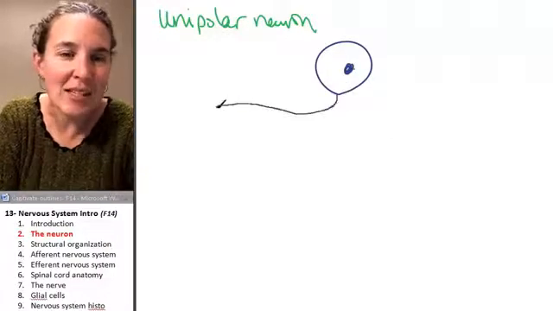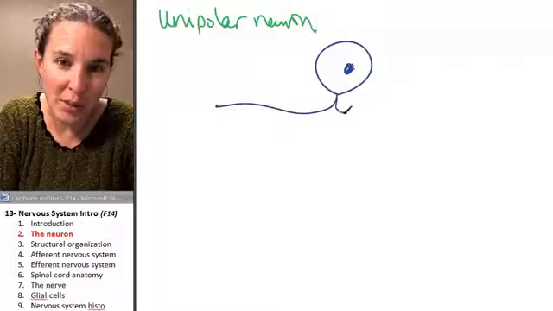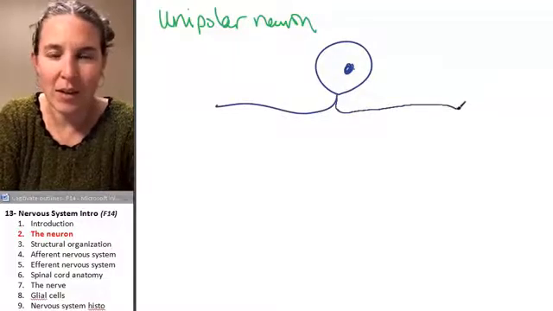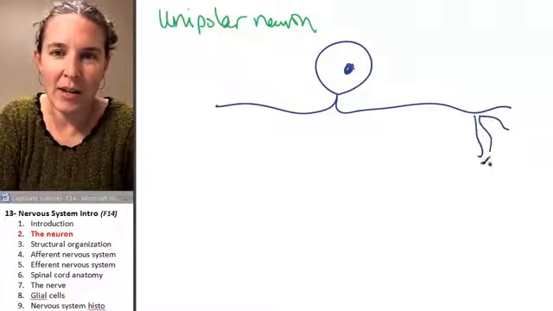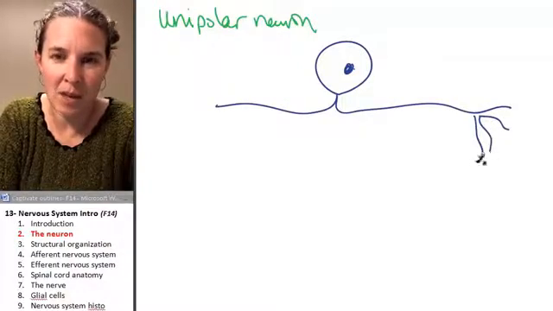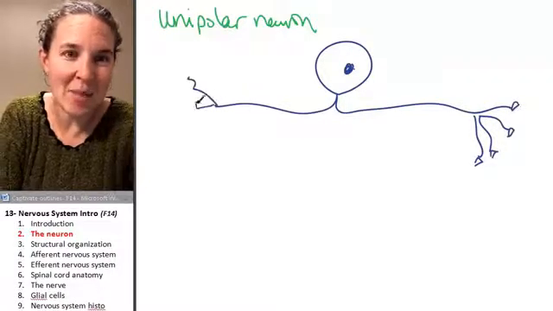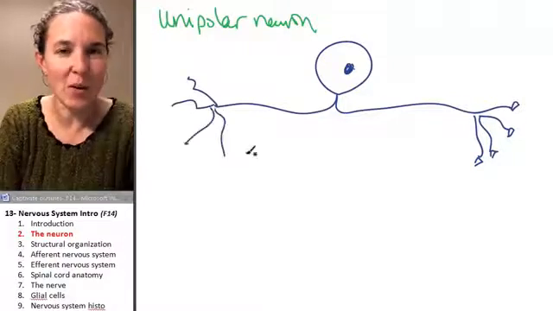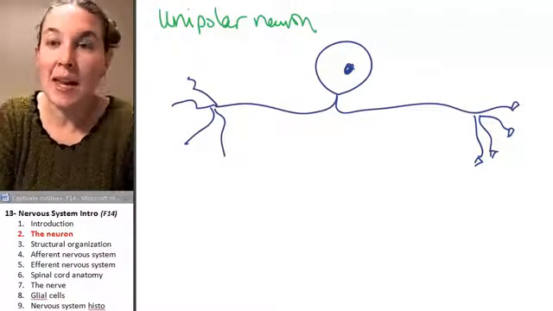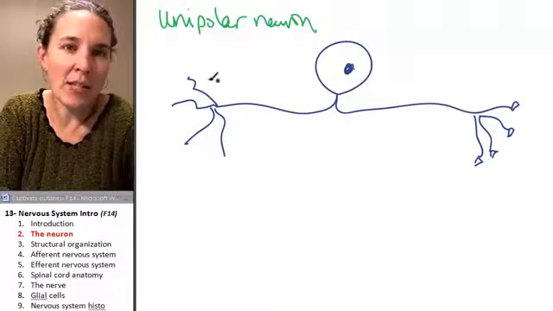It's called unipolar because it's like one thing coming out of here. These are my synaptic knobs down here, right? And these are my dendrites up here. How did I know those were dendrites?